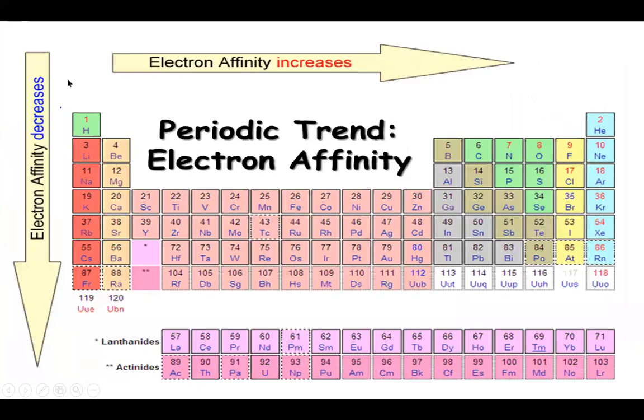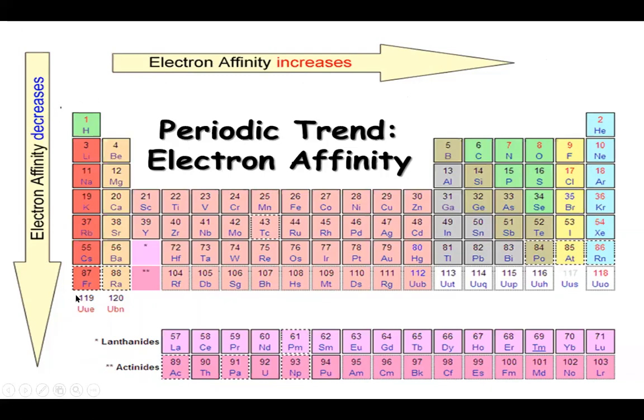We conclude that electron affinity is the amount of energy which is released or absorbed when an electron is added in the outermost shell of an isolated gaseous atom. The value of electron affinity decreases when we move from top to bottom, while it increases from left to right.